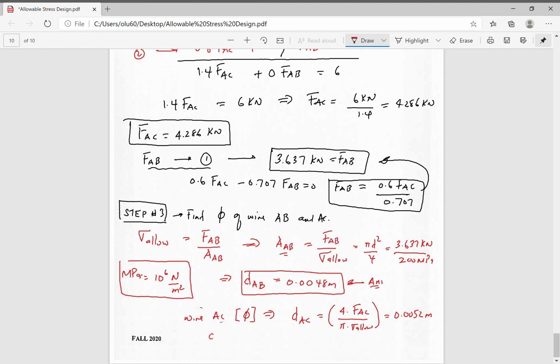So our DAC happens to be 0.0052 meters, and this is your answer.